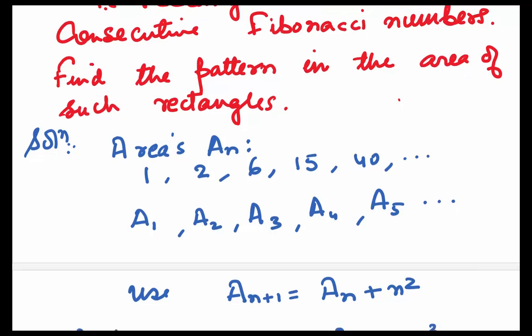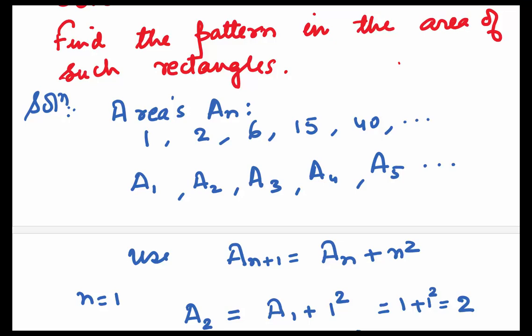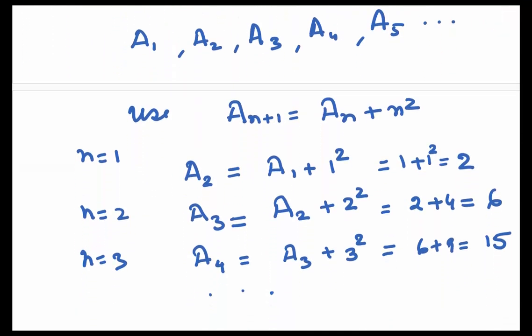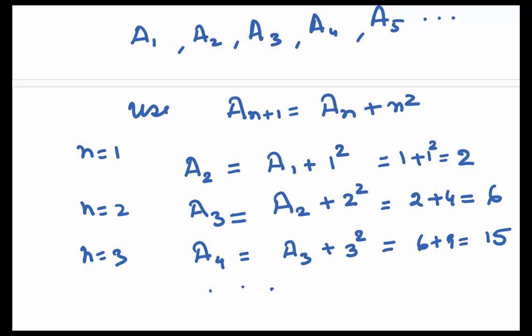Now, if you use A of n plus 1 is equal to A n plus n square, you will get the areas. So, every area can be found by adding n square to the previous area. Take n is equal to 1, you will get A2 is equal to A1 plus 1 square. As n is 1, we get 2, and that is how they are related. So this is the relationship.